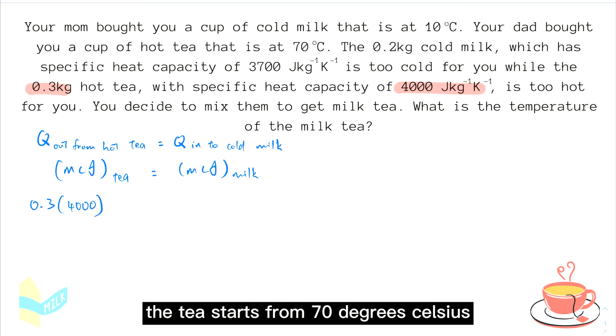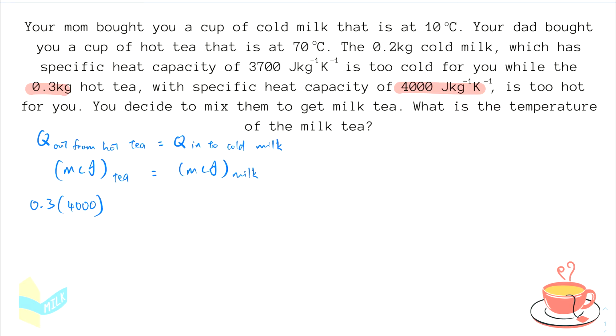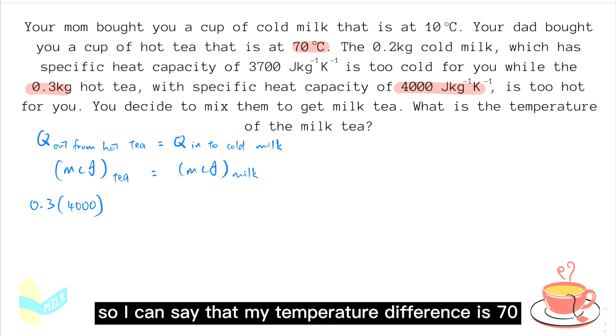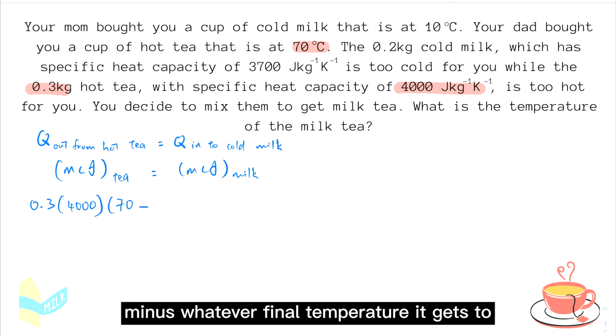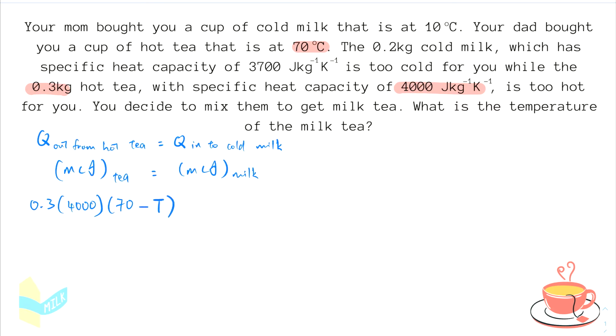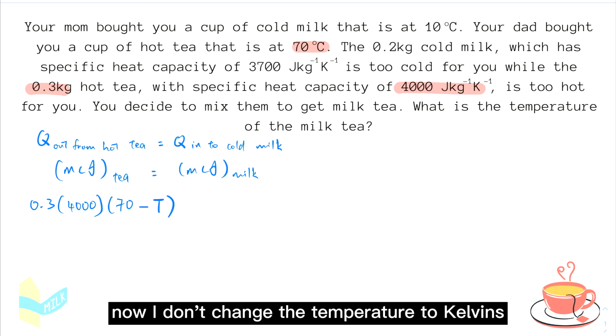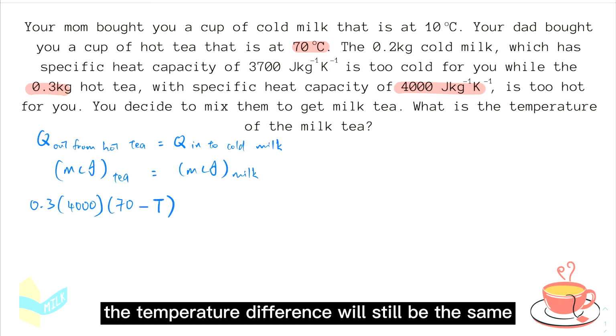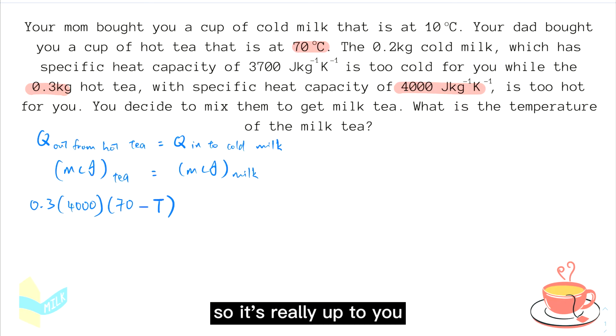The tea starts from 70 degrees Celsius and eventually goes to a final temperature. So I can say that my temperature difference is 70 minus whatever final temperature it gets to, which I'll leave as T. Now, I don't change the temperature to kelvins because remember, if I change it to kelvins, the temperature difference will still be the same. So it's really up to you.